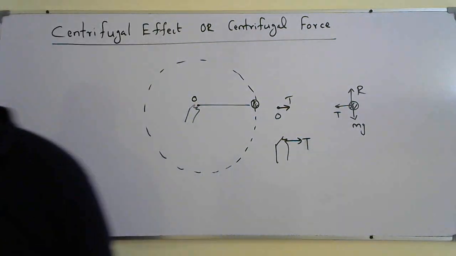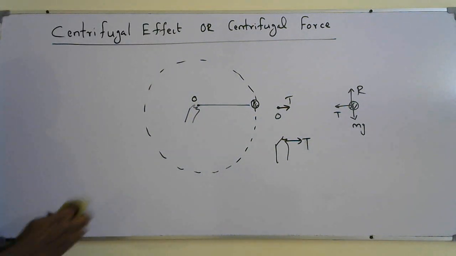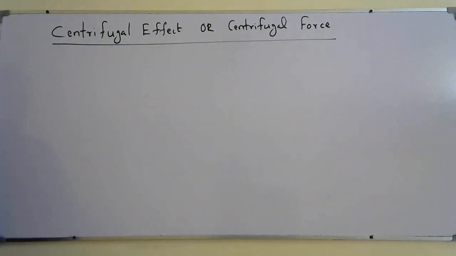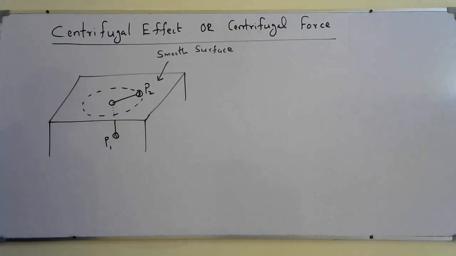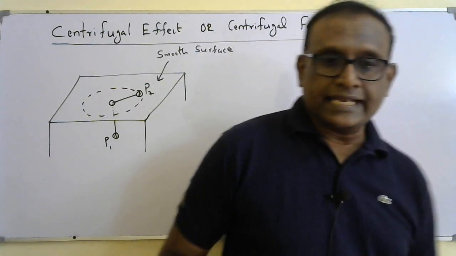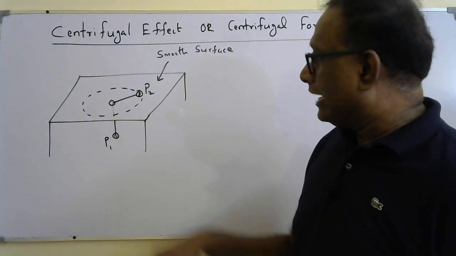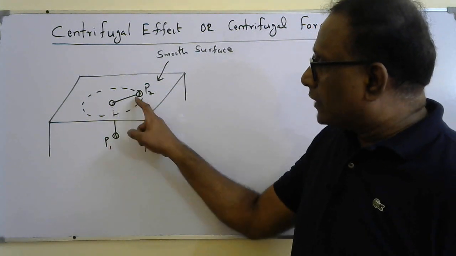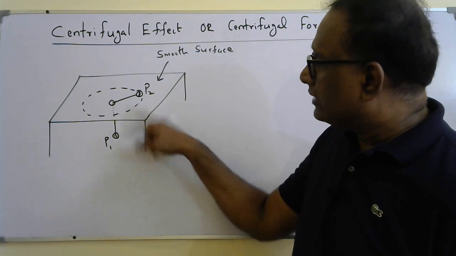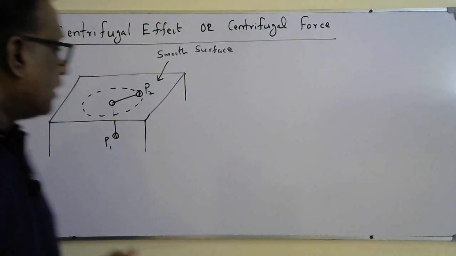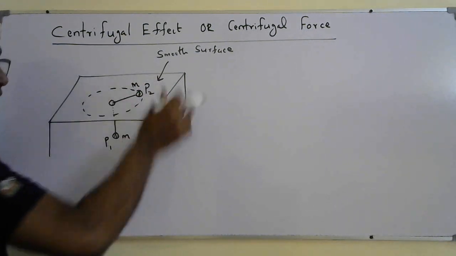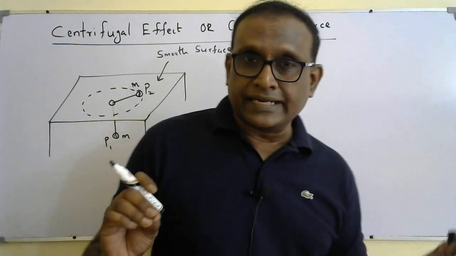By using this centrifugal effect, we can look at a question. We had a question in an old past paper. It says: on a smooth horizontal table, there's a tiny hole with a smooth edge. A string is passing through the hole, and two identical spheres of the same mass are attached at the opposite ends of the string.